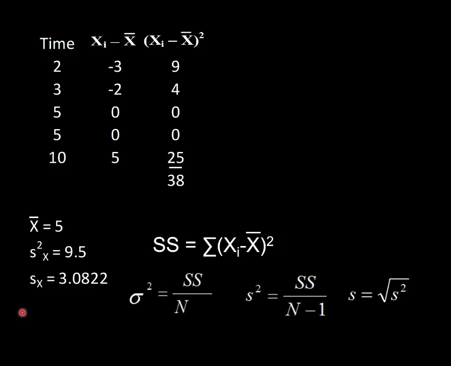So the z-transform does not force data to be normal. In fact, one of the characteristics of the z-distribution or z-transform is that it does not change the shape of the distribution. So however your data were shaped before, however they were distributed before, they're still distributed that same way afterwards.